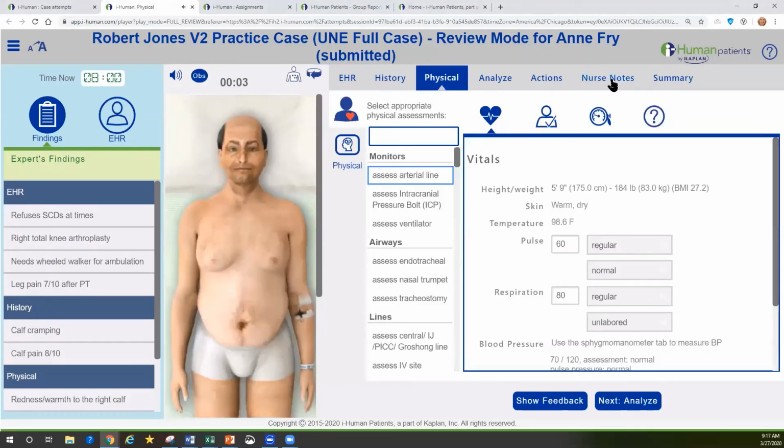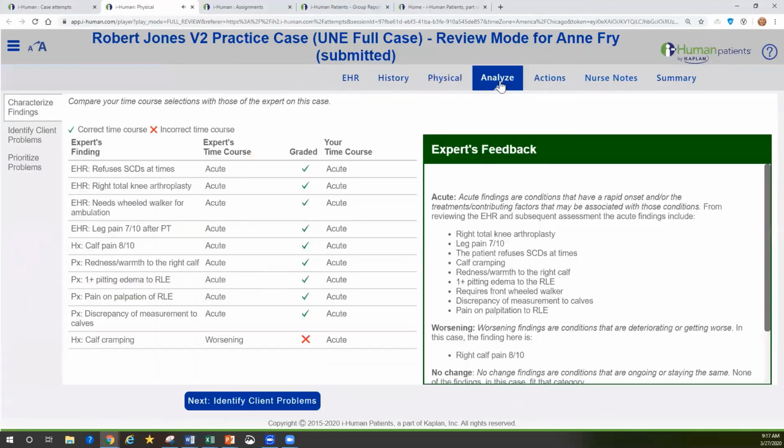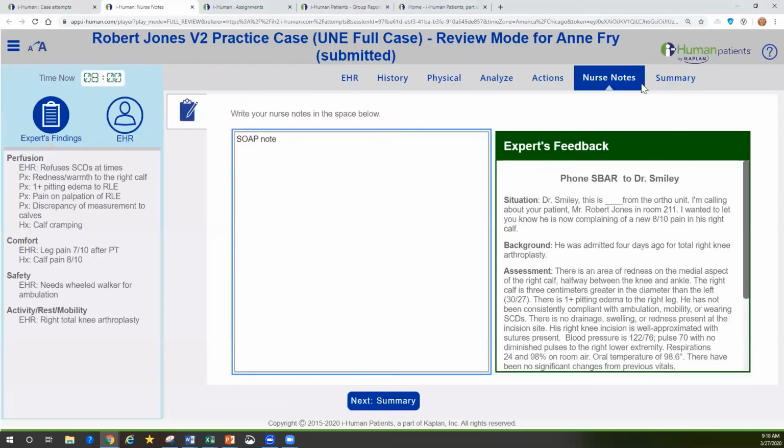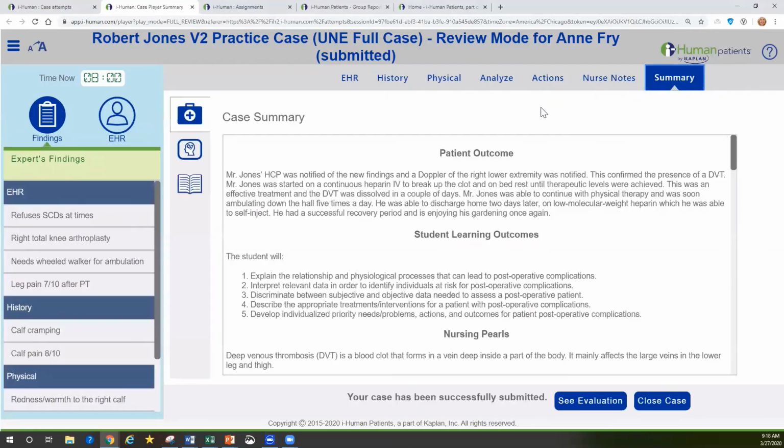For the RN students, they will continue on through the case to do analysis, take action, and evaluate their cases. They'll also go through the summary and create nurses' notes, which can be either an SBAR, nurses' notes, or SOAP notes. It's whatever the faculty determines is appropriate for their students.